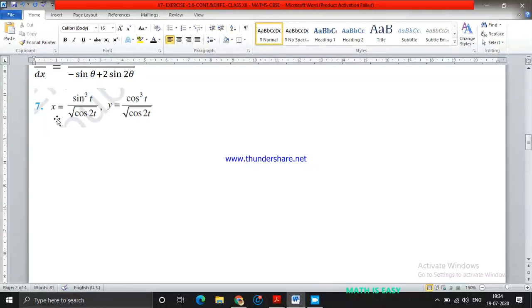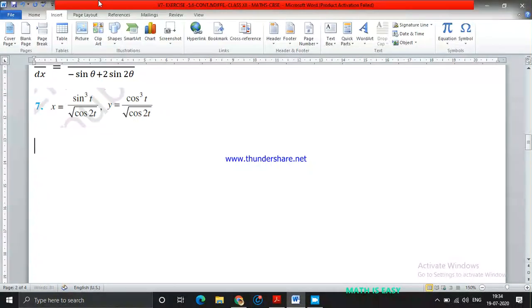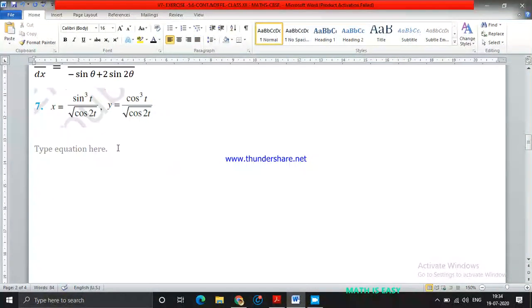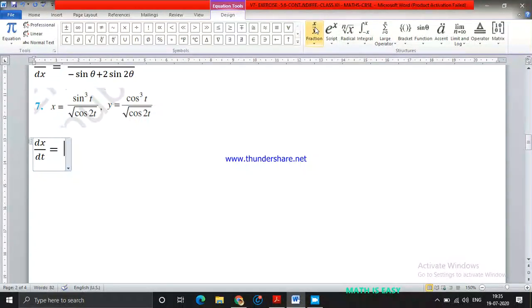Okay, so here x is in terms of t, so that means I have to differentiate with respect to t. dx upon dt equals, this is in the form of u by v. Differentiation of u by v is v times derivative of u.